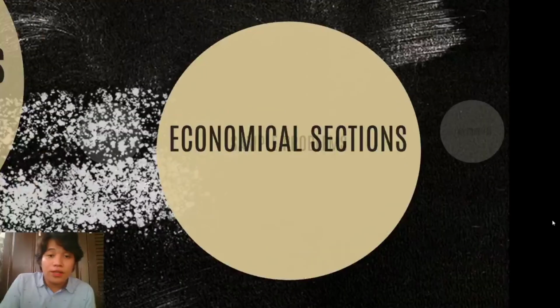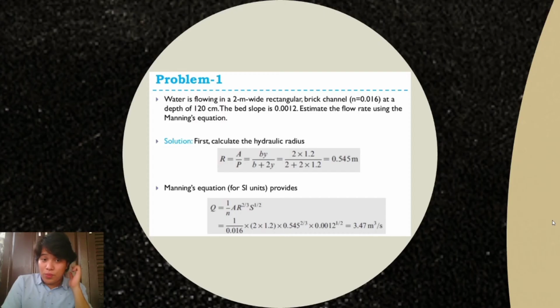Here we go to the sample problems. The first problem: water is flowing in a 2 m wide rectangular channel having the Manning's coefficient n of 0.016, a depth of 120 cm, and a bed slope of 0.012. How do we estimate the flow rate? First we find the hydraulic radius. Since the hydraulic radius is not given, we use hydraulic radius equals wetted area over wetted perimeter.